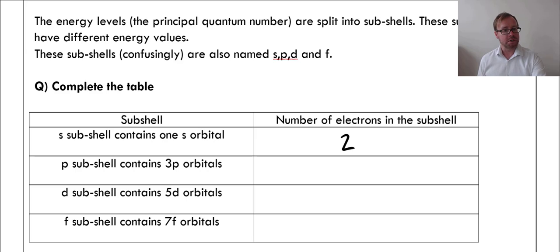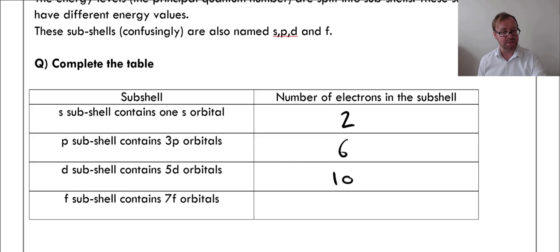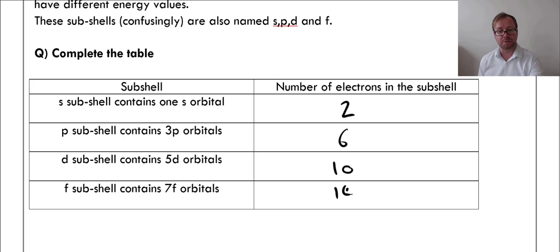A p subshell contains 3 p orbitals. Each p orbital can hold a maximum of 2 electrons. Therefore, we can have 6 electrons in the subshell. D subshell contains 5 d orbitals. Therefore, it can hold 10 electrons. An F subshell contains 7 f orbitals, meaning it must hold 14 electrons.